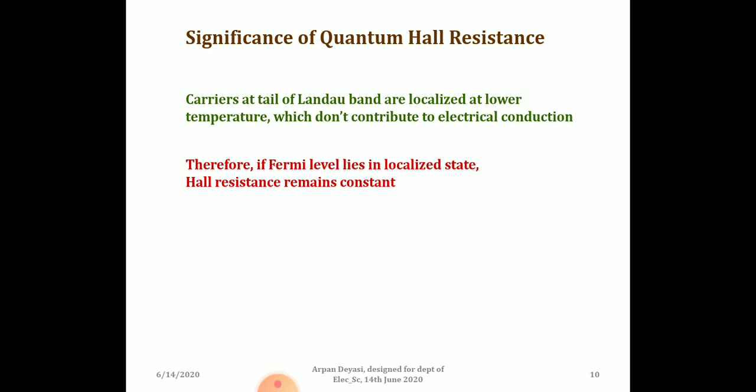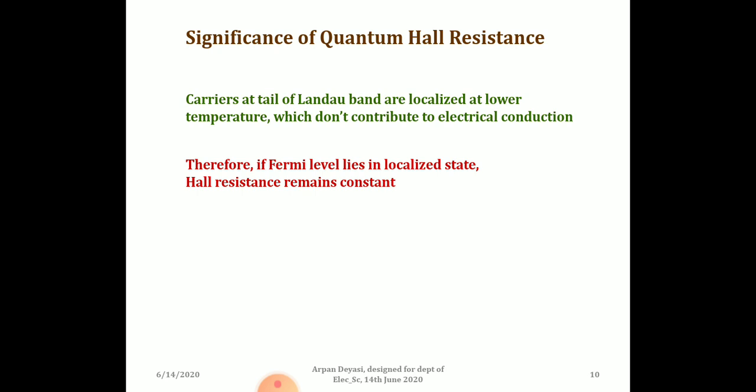Then the carriers at the tail of the Landau band are localized. Naturally, if you take a bowl and put some particles inside it, all the particles will try to accommodate the space at the bottom of the bowl. So carriers will also try to go to the tail of the Landau band and localize.